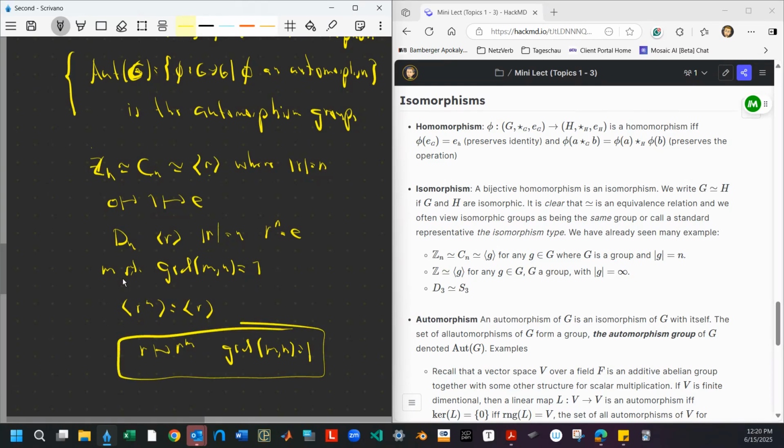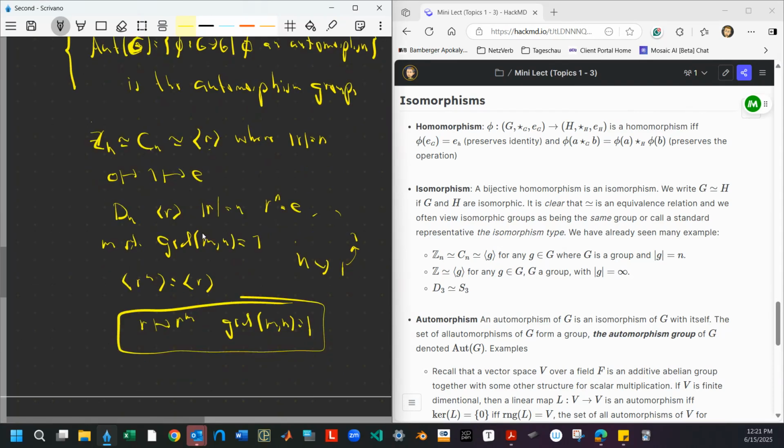Or I could map the 0 of Zn to any Rm, or I can map the 1 of Cn, etc. I'm not really sure what I want to say this is. I guess I'm sort of thinking of going from 1 to n, back to 1. But maybe you could also think of it as being the nth roots of unity in the complex numbers. There's lots of representations of these common things.